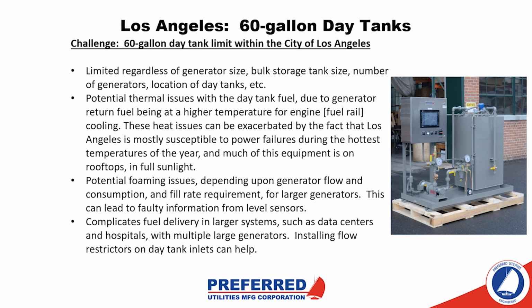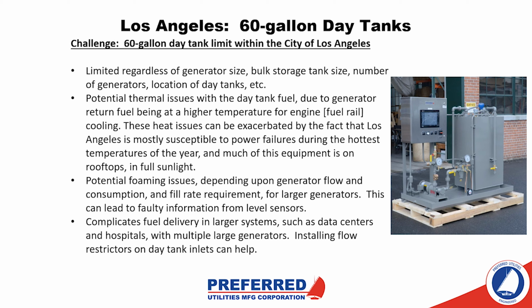It can also complicate fuel delivery in larger systems. When we have fuel that needs to go to multiple day tanks on especially large generators, we need to get it there in a hurry. So we have high flow pumps, large piping headers, that sort of thing. When the headers branch off into the separate generators, if we have, say, 10 generators and only one of them is calling for fuel, that one day tank is going to get the full force of that piping header and those big pumps.